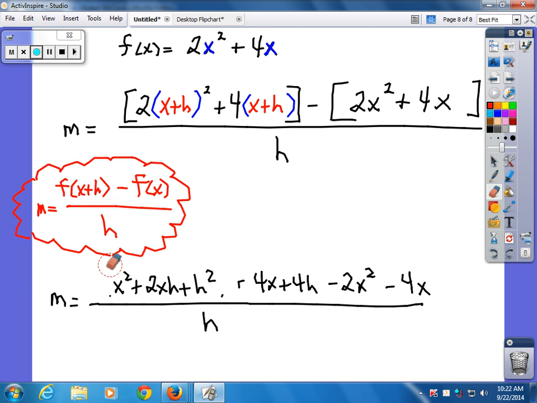That's going to give you, and I'll color it purple just so you can see I distributed it. 2x squared plus what? 4x plus what? 2h squared. Okay, 4h, sorry.